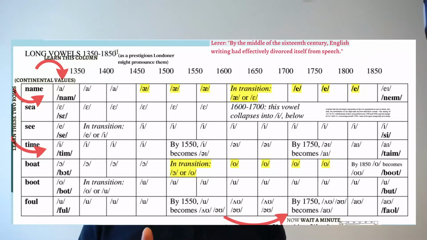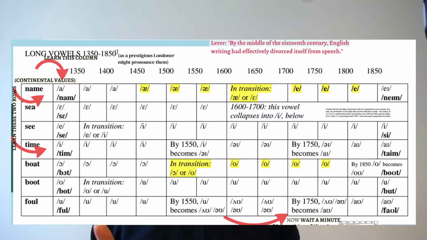It stays that way, fool. Remember, if you look at, say, the verb see, right? It starts as say, but then say becomes see before 1450, right? So that's not a shift that happens in the early modern period at all. But foul, fool. By 1550, fool becomes fool, right? Or fool.